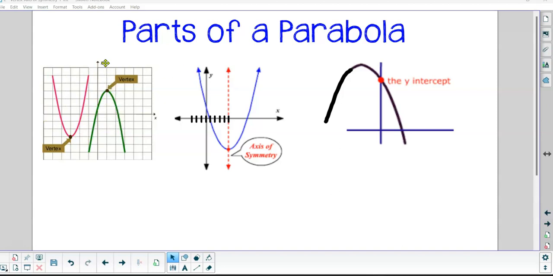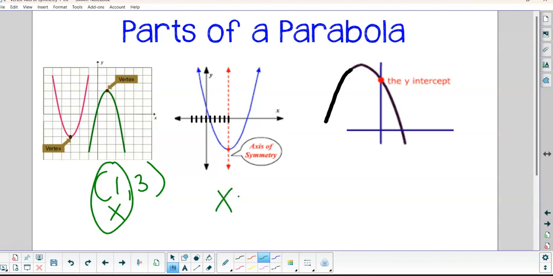And if you were to draw a vertical line through that vertex, you would get something called an axis of symmetry. So if you can define the actual vertex, like for this one here, it would be the point 1, 3. And since the x-coordinate is 1, the axis of symmetry is the equation x equals 1.